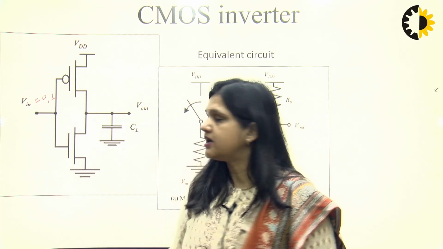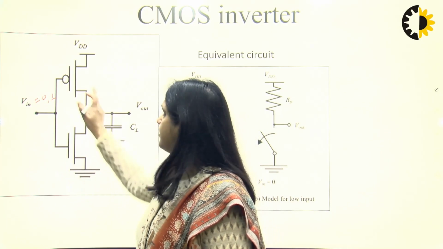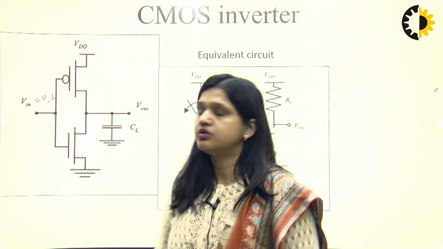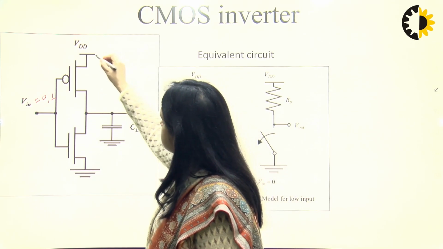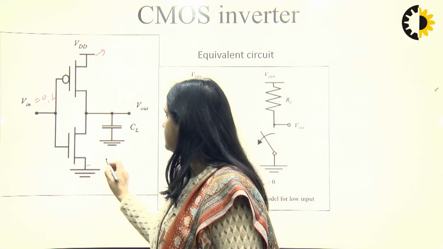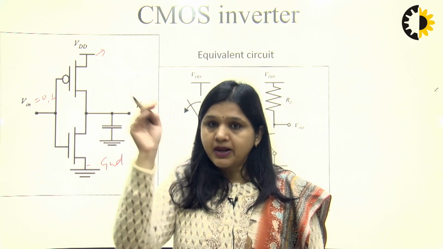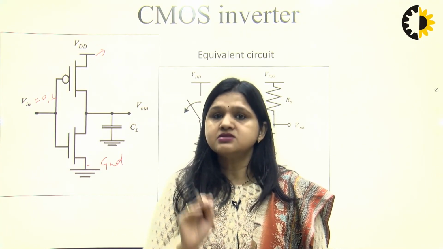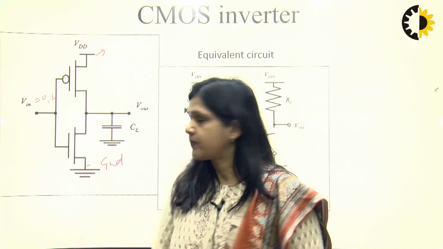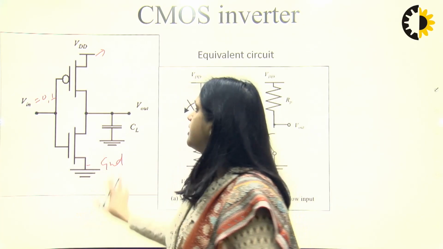So you can see that at a time in a CMOS inverter only one transistor is on. From that we can say there is no direct path between VDD and ground. If there is no direct path between supply and ground, then static power dissipation is 0. So, in a CMOS inverter, static power dissipation is 0.